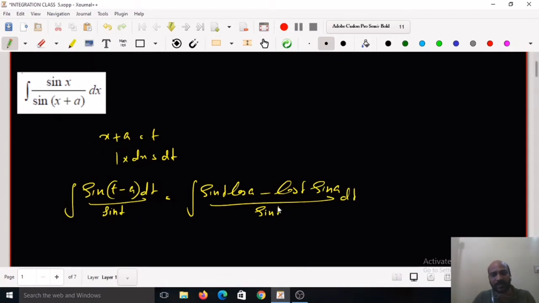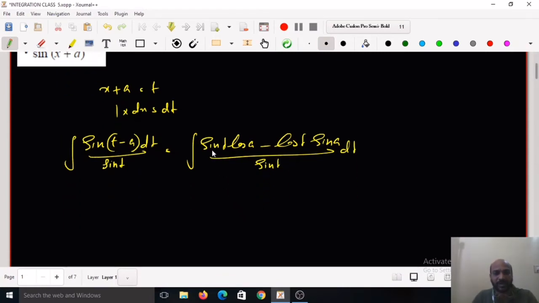Now we can split into two functions. Sin t cos a by sin t, that is integration of cos a, then cos t by sin t, that is cot t into sin a dt.